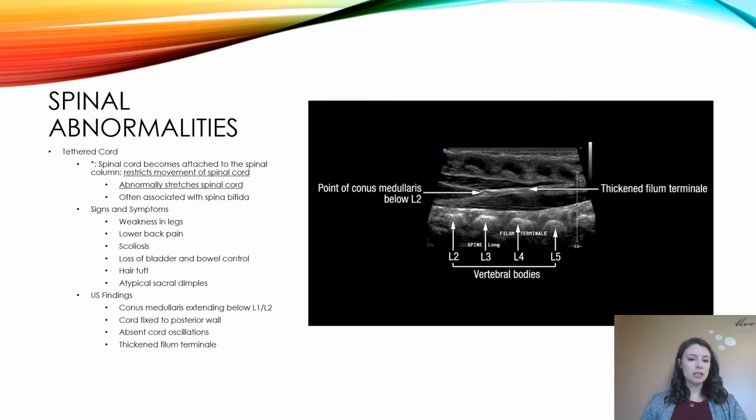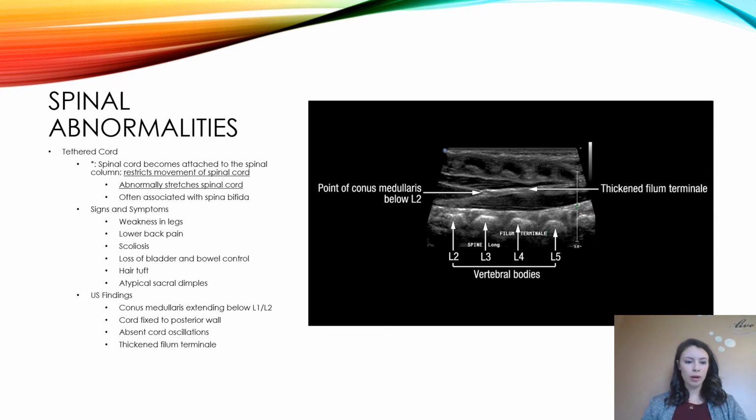Some clinical signs and symptoms are weakness in the legs, lower back pain, scoliosis, loss of bladder and bowel control. There's a hair tuft, and atypical sacral dimples, and we know that the last two signs and symptoms are associated with spina bifida.